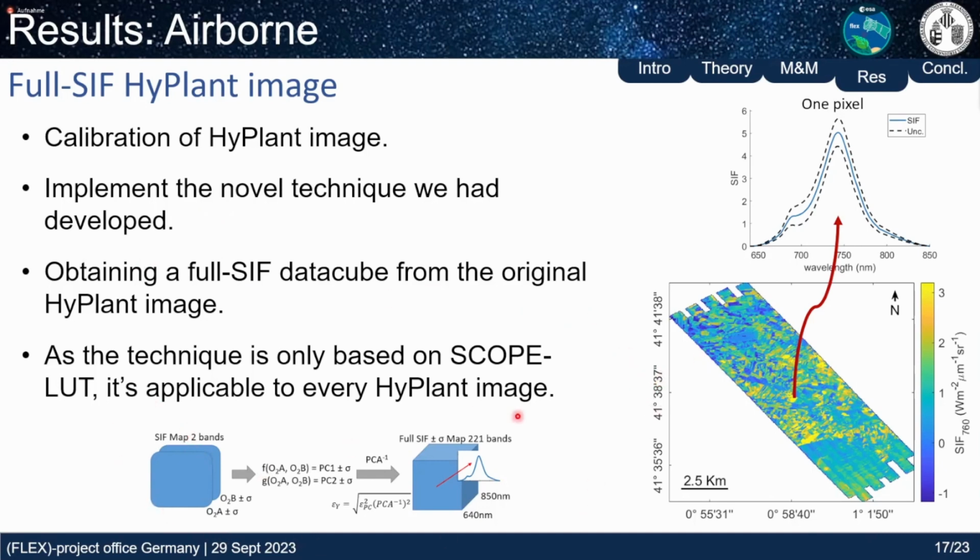As we explained before in the workflow, we apply the linear transformation and the inverse principal component analysis, and finally we obtain the full map, a data cube with the full spectrum and also with the uncertainties. This is a graph of one of the pixels with the values of SIF and the corresponding uncertainties obtained by propagation through all these linear transformations.